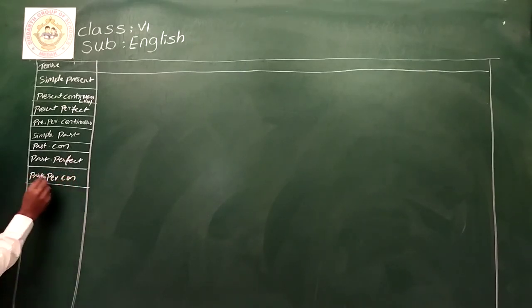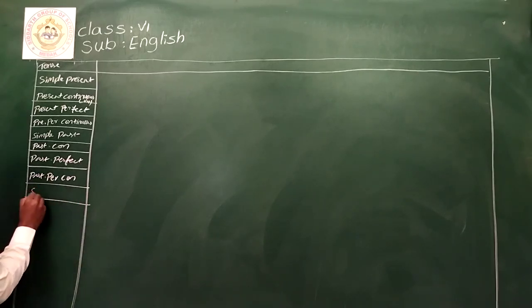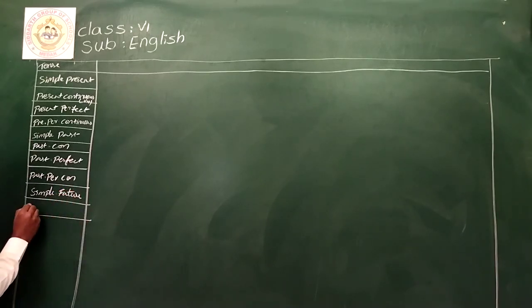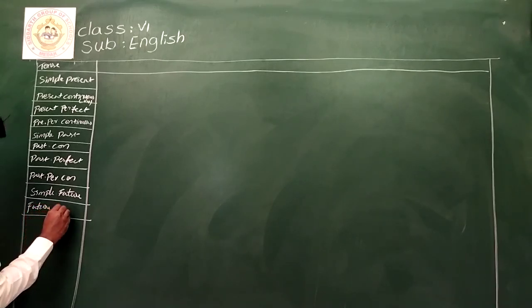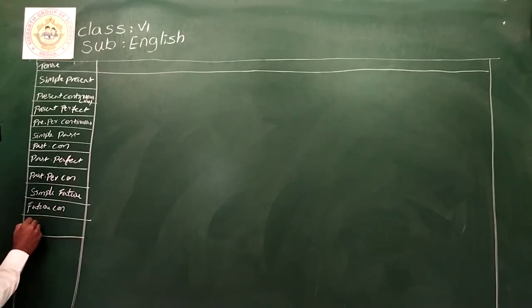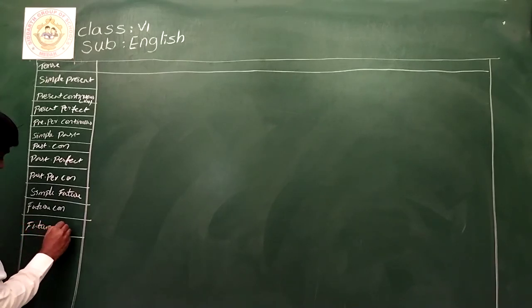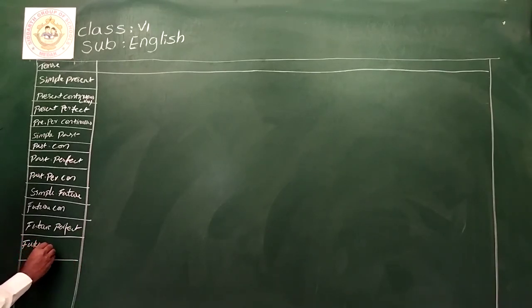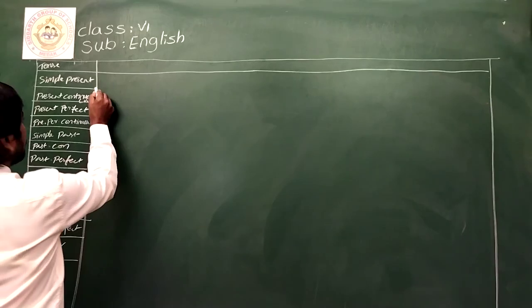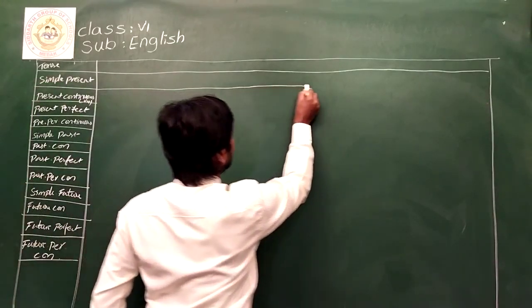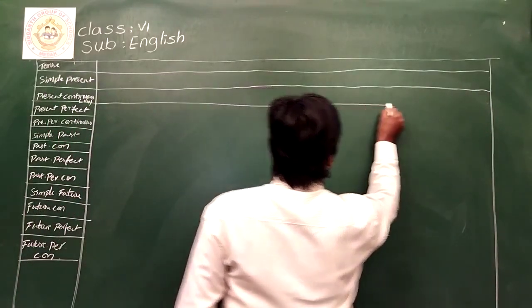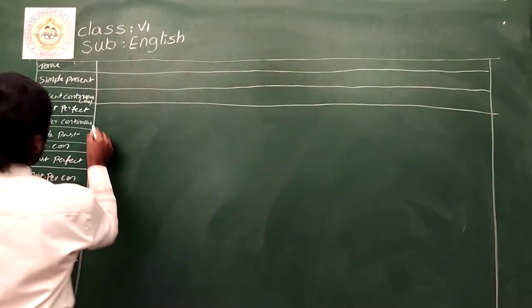Past perfect continuous. Future continuous. So future perfect continuous. Let me try, children, whether it will be sufficient or not. I'm trying to draw the line straight.